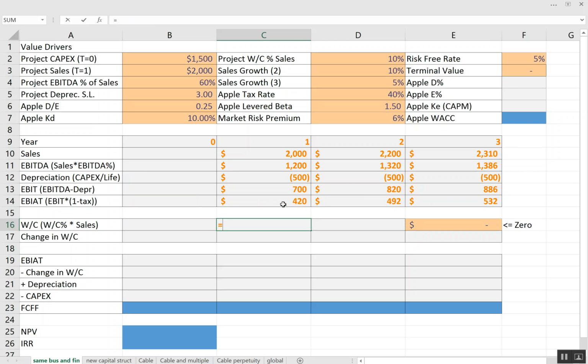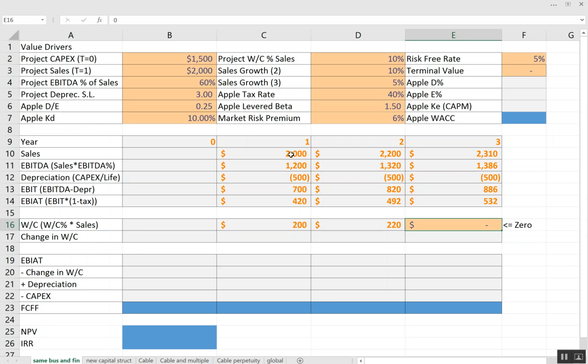Now we're also going to make the assumption that working capital as a percentage of sales is 10%. So in the first year, we're going to get some working capital, say receivables and inventory, equal to 200. And then it's going to go to 220. And then I'm going to make a big assumption here. Since this is a finite life project, the project ends at the end of the 3rd year.